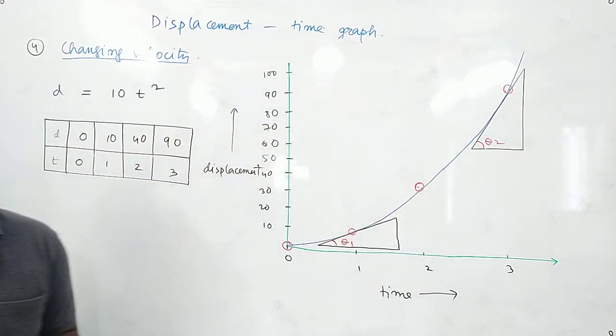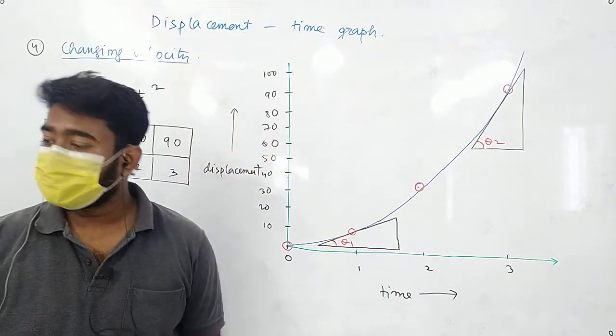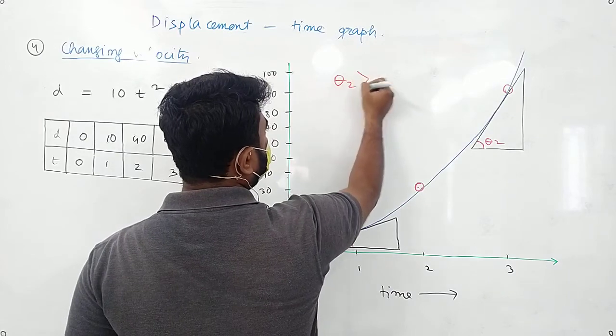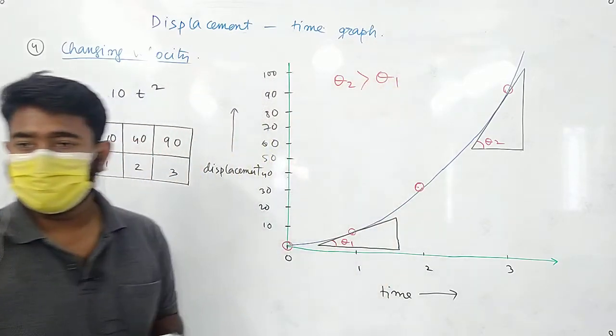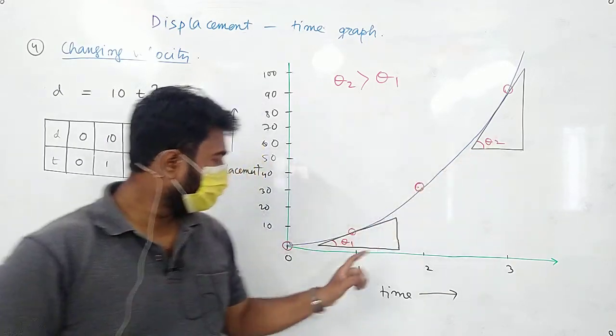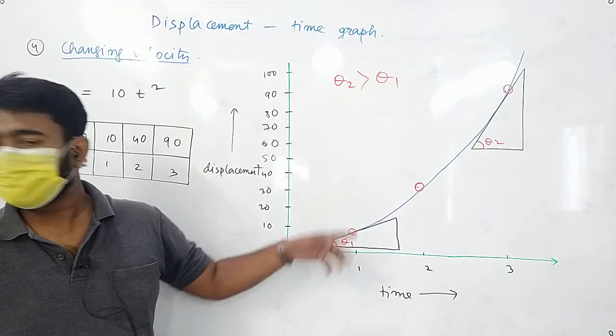Theta 2. So here theta 2 is greater than theta 1. This is 60 degree, 70 degree, this is 20 degree, 30 degree. Small angle, it's a basic thing.